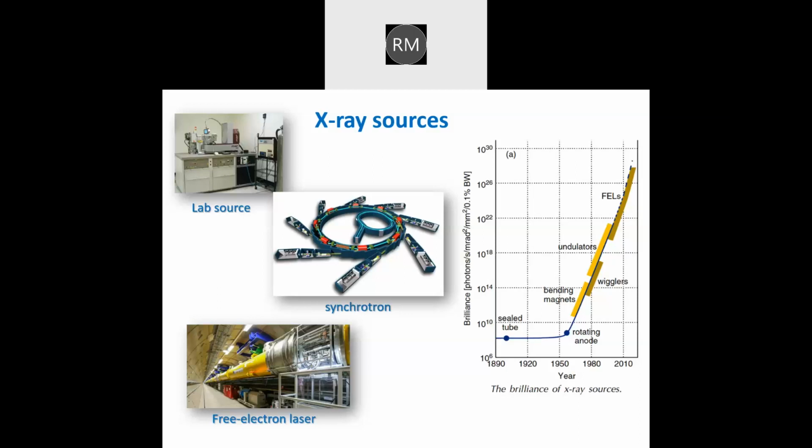At each bend X-rays are produced, and those X-rays are trapped to do some kind of experiment. These are called beam lines. You can see the storage ring of the synchrotron, and something coming out of it, that is X-rays coming out and focused for experimental purposes. These are called beam lines.